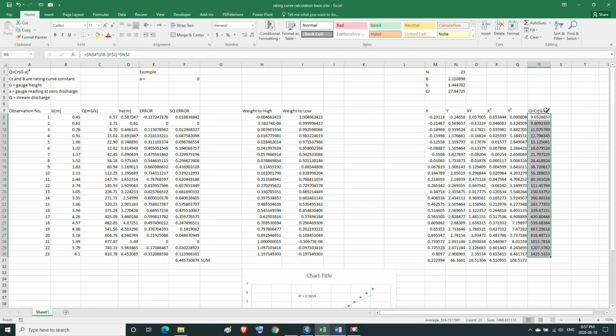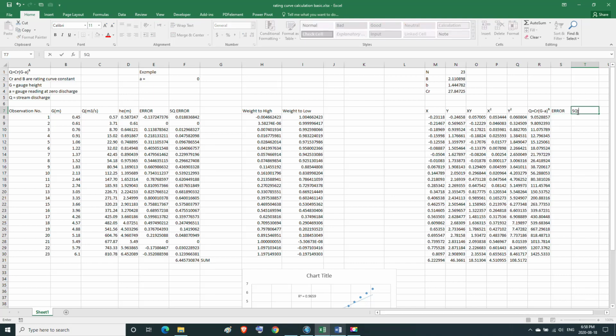To make a comparison between the actual values of discharges and the initial prediction for the values of discharges, we go to the next column and we type error or difference.